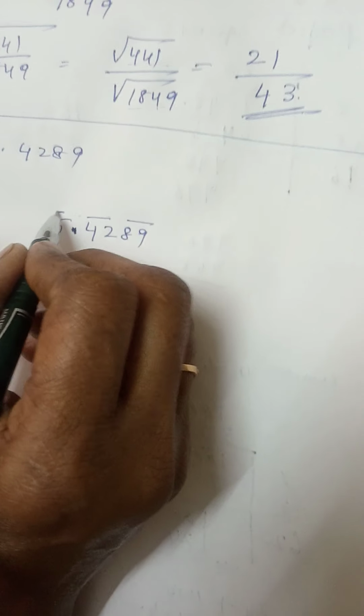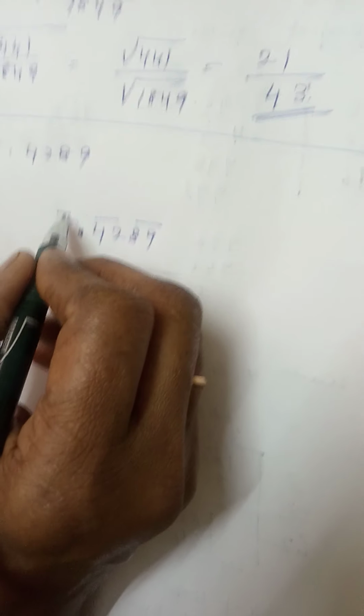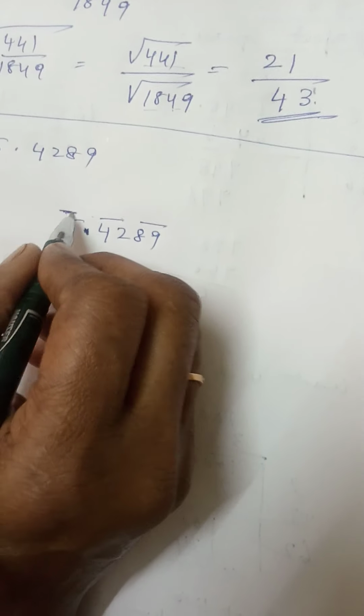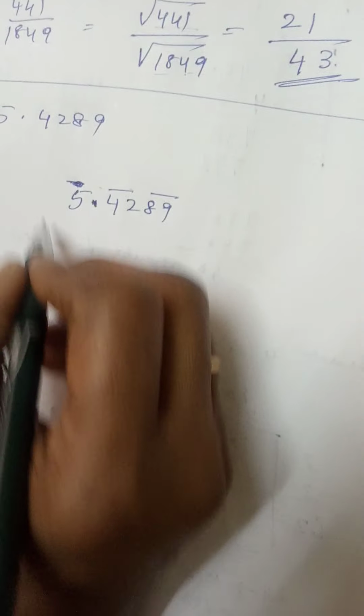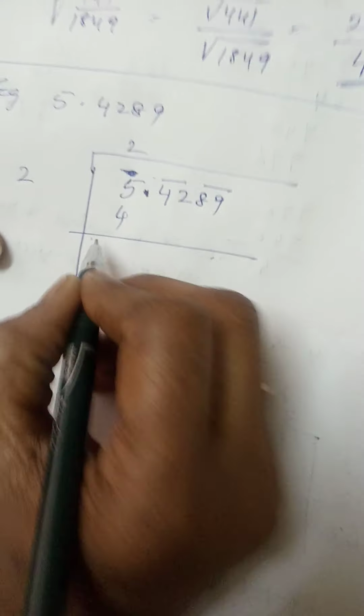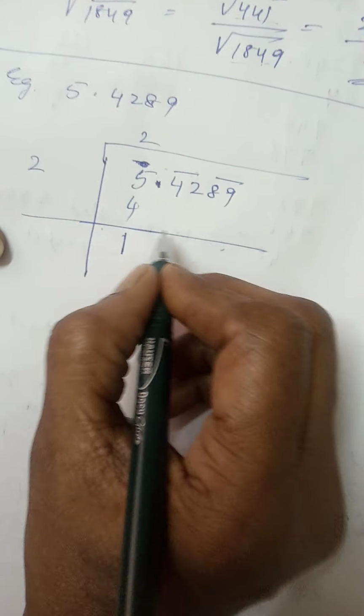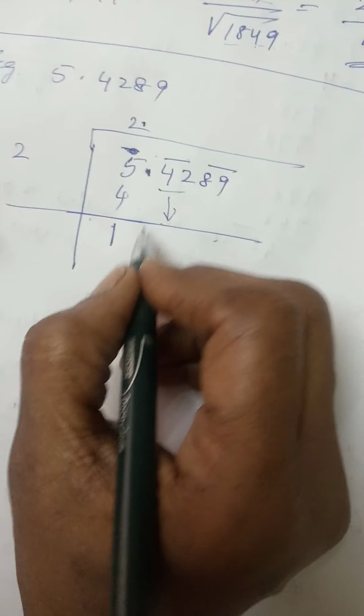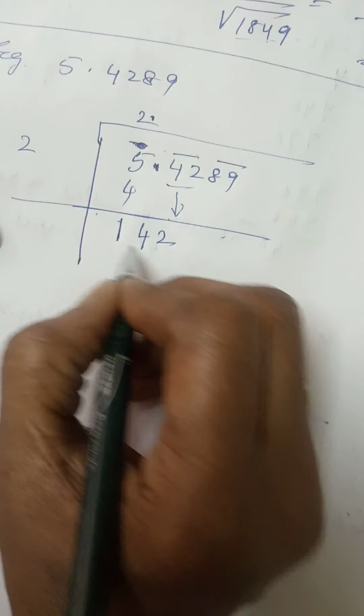From the decimal we should go to the left side, two numbers. But here only one number, so only 5. So less than 5, the perfect square we know is 2 twos are 4. So 1, then get this number. Before that put the decimal here, similar to division. 142.